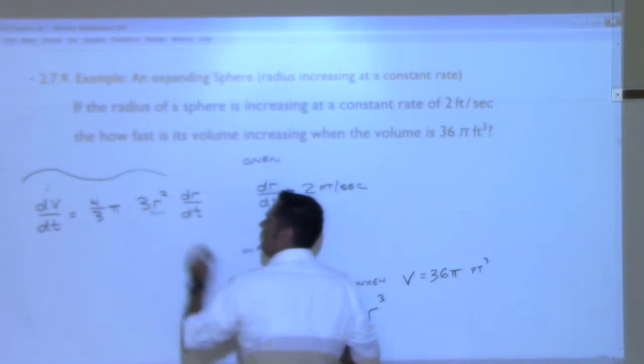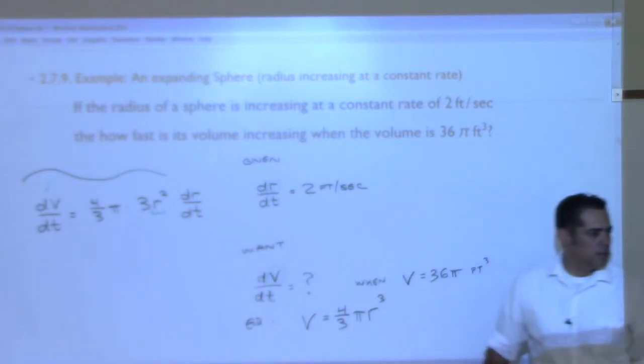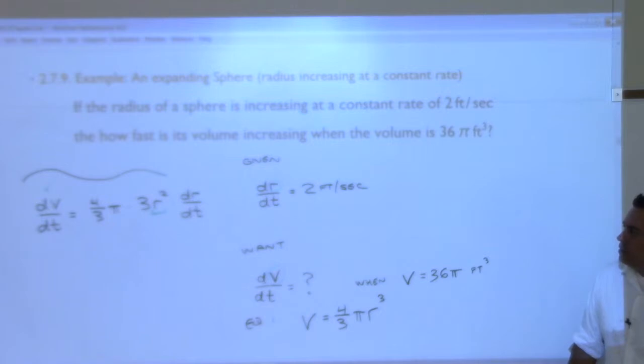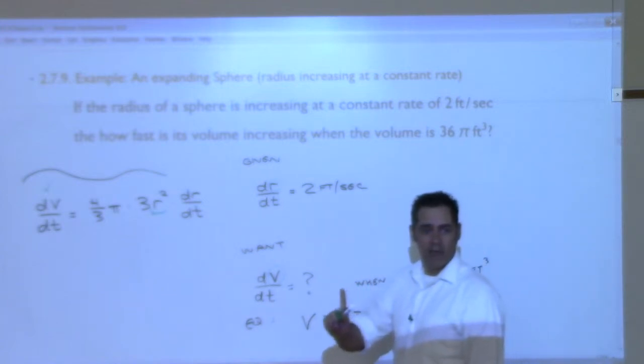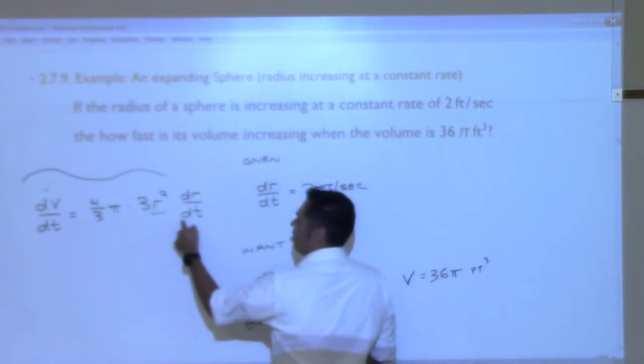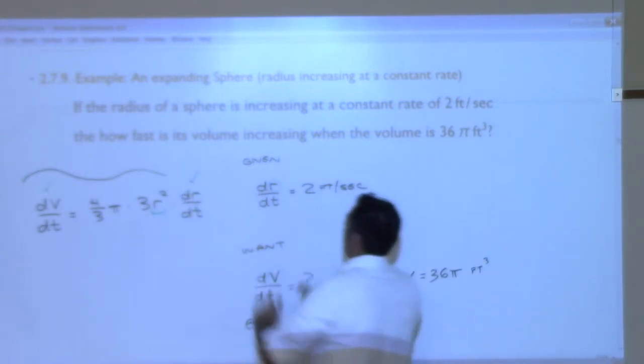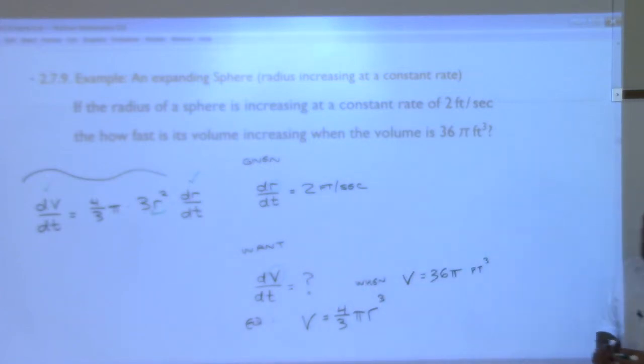R. I don't know R, do I? I don't know R. I know what V is at the moment I snap the picture, but I don't know what R is. But I can get R. What about dr/dt? Yeah, I'm happy to see that because I have a 2. So the only thing I have left to do right now is go figure out what R is.